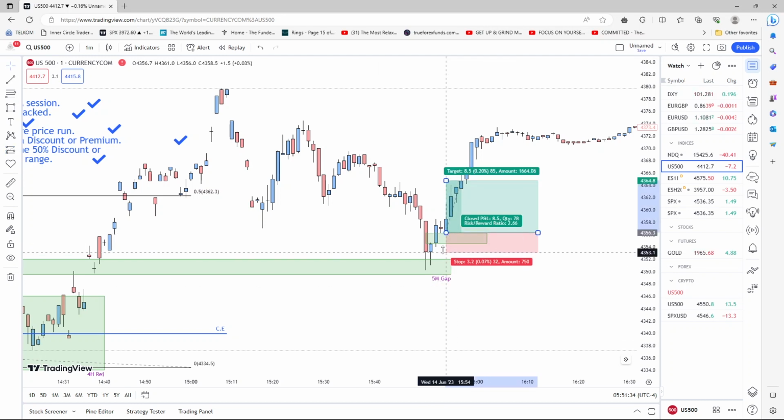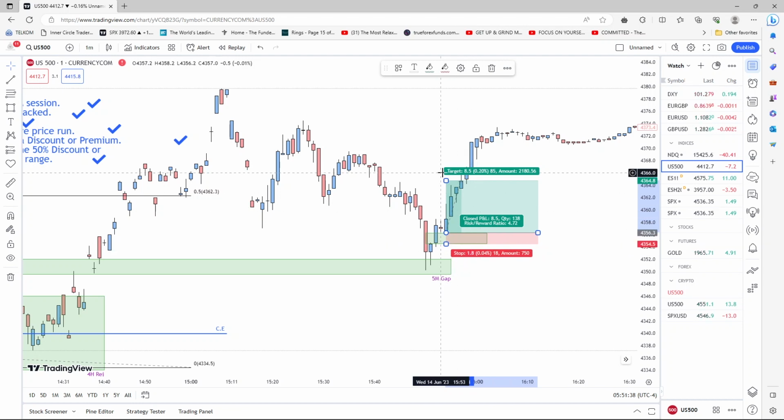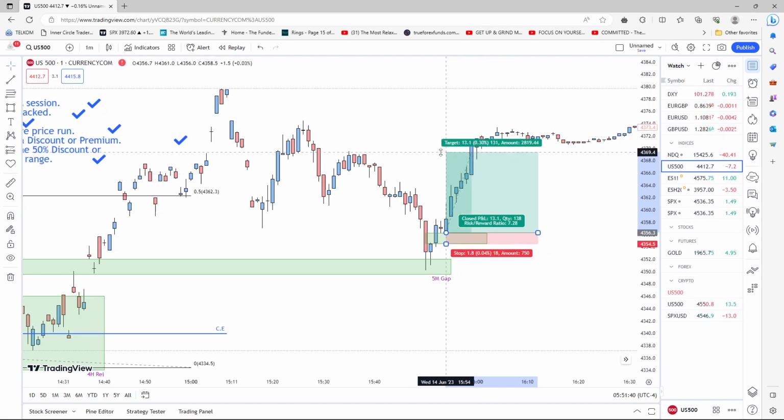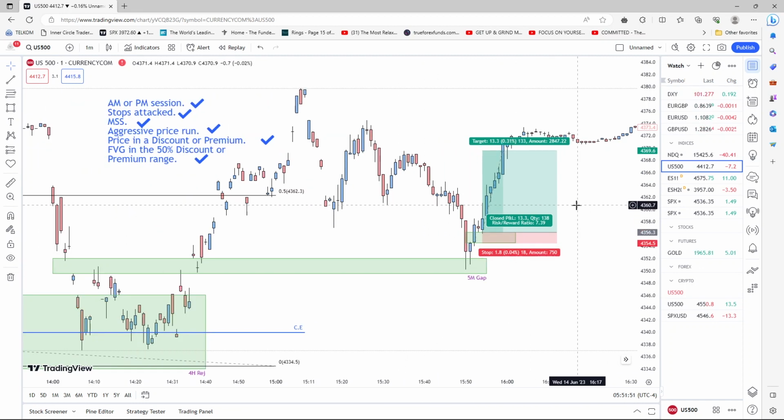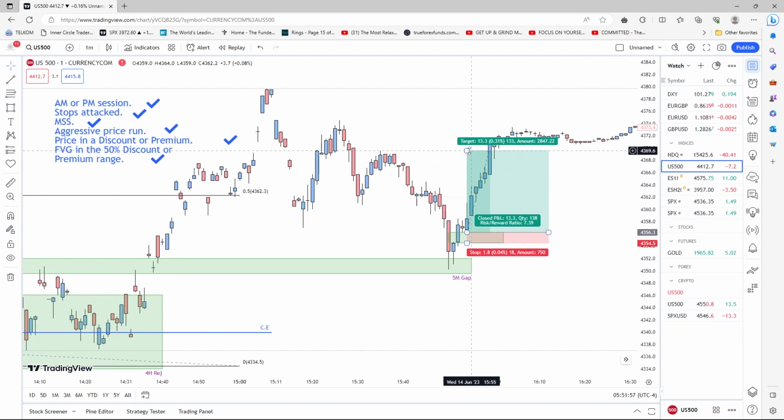And you would have a stop right there, 1.8 handles. Yes, it reduces the risk a lot by using institutional order flow entry drills. But by trading with this, you will need a lot of back testing as well as notes in your journal to be able to do this.